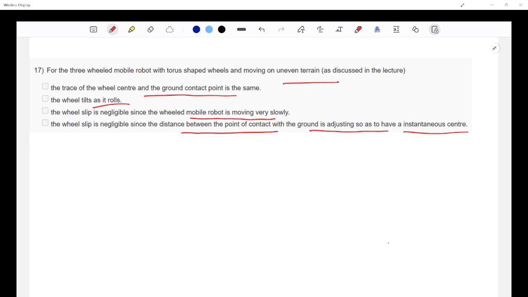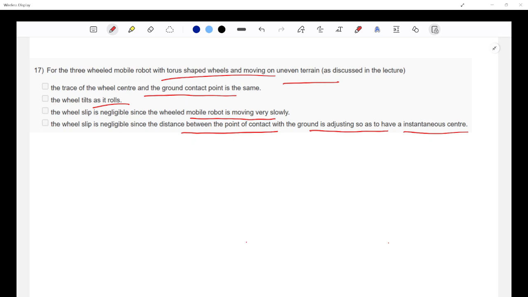The goal is to avoid slip on uneven terrain. The problem with normal wheels is that they have a fixed axle. If there is uneven terrain, the contact points mismatch, there is no common instantaneous center of rotation, and slip occurs. The solution is torus-shaped wheels and passive tilting. This allows wheel orientation to change, contact geometry to adapt, and an ICR to exist.